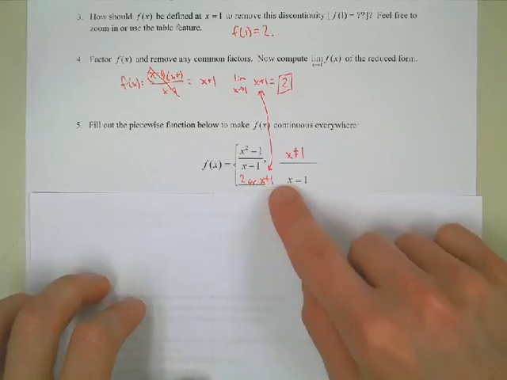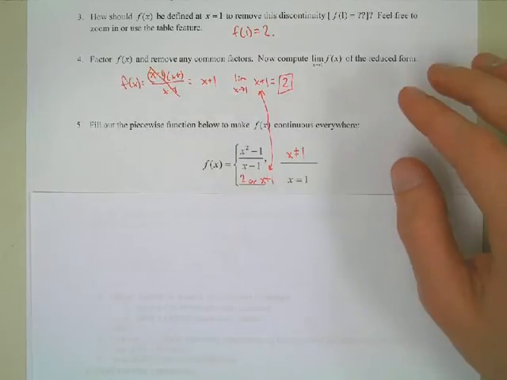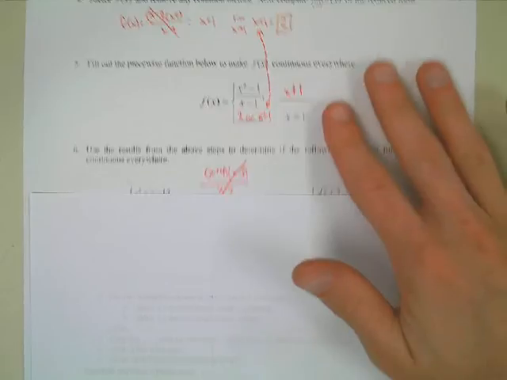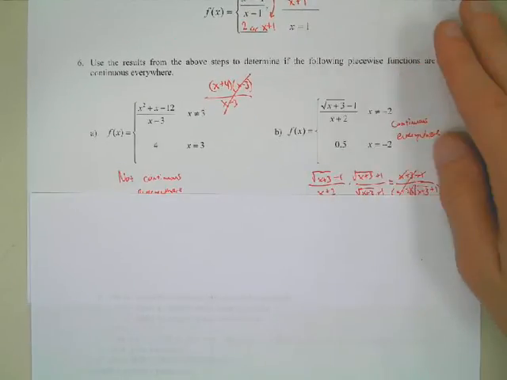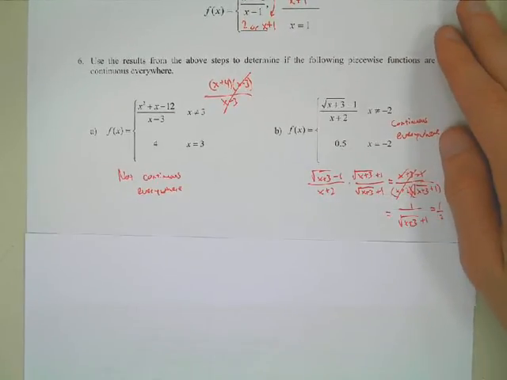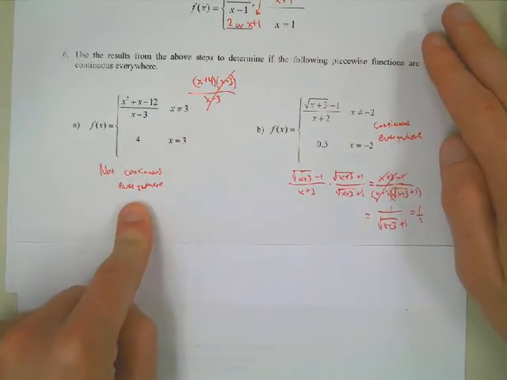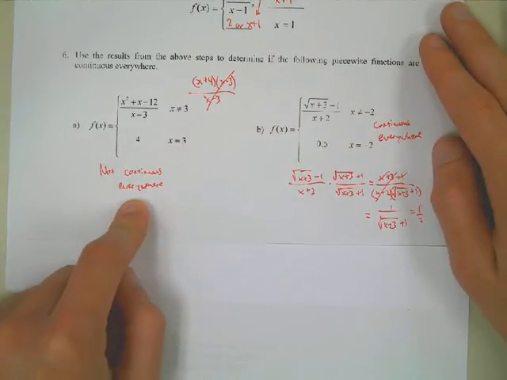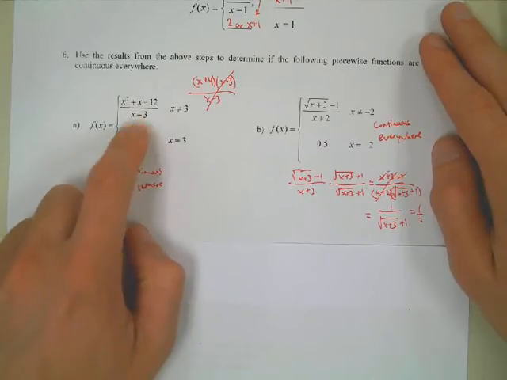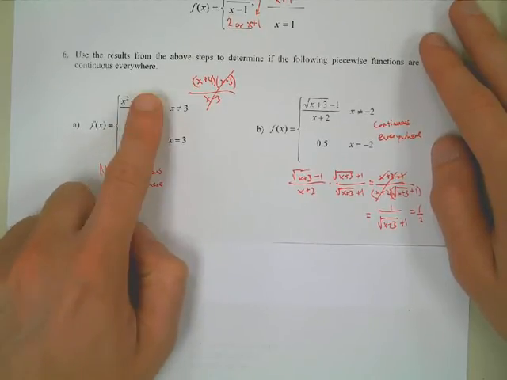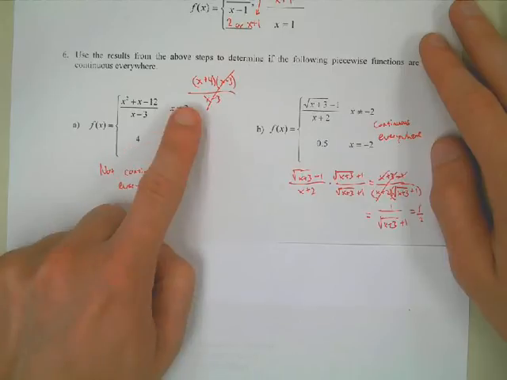Okay, and so then there are the 2 others here. A is not continuous everywhere. If you look at 3, yes, the x minus 3's cancel, but when you plug in 3, you get 3 plus 4 is 7, and that is not what we get here. We get a 4.